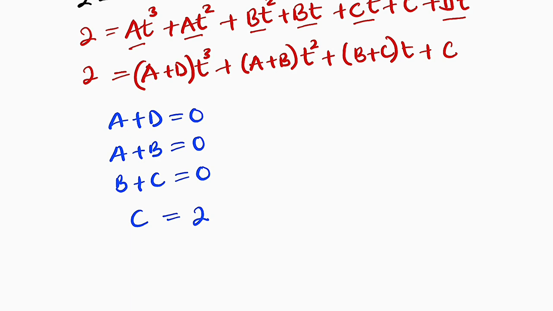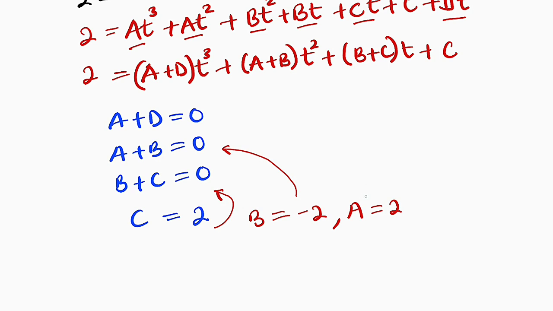So now we're going to start back substituting. If you take this, you plug it back here. Because c is 2, we have b plus 2 equal to 0, which implies that b is equal to negative 2, right? Then we take b and plug it here so that we have a minus 2, because b is minus 2, equal to 0, which implies that a is equal to positive 2 as negative 2 crosses over.